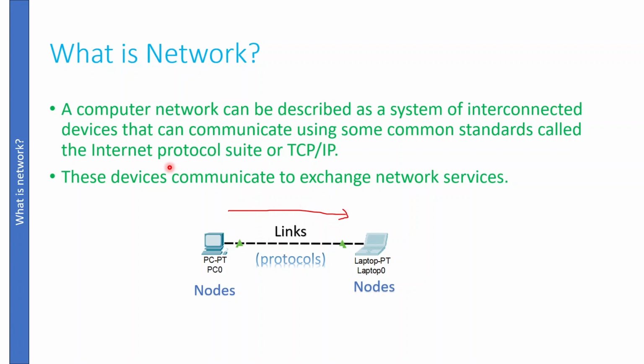Basically a computer network can be described as a system of interconnected devices that can communicate using some common standard called the Internet Protocol Suite. When you take the Internet Protocol Suite, we have a lot of protocols, right? After that we have TCP/IP, that means Transmission Control Protocol, Internet Protocol model. Earlier we had the OSI model, right?